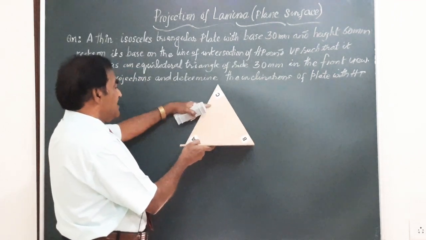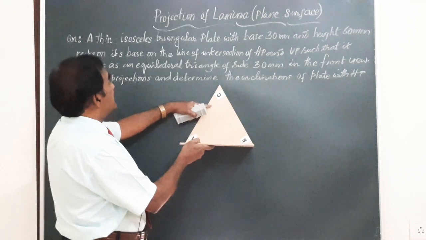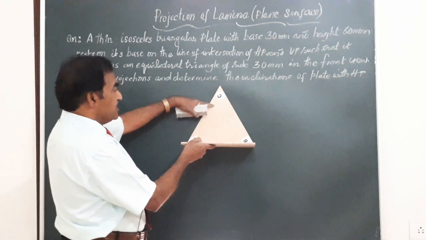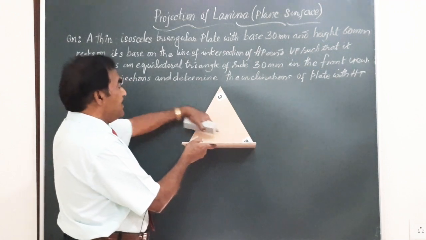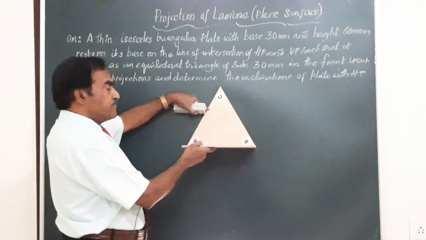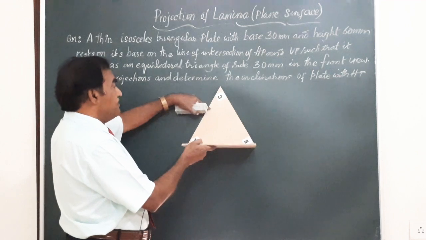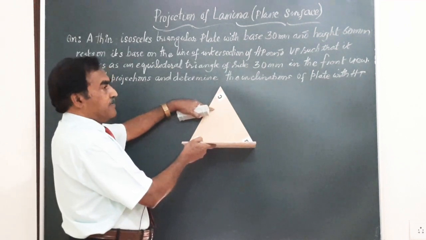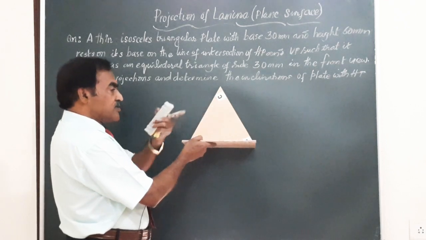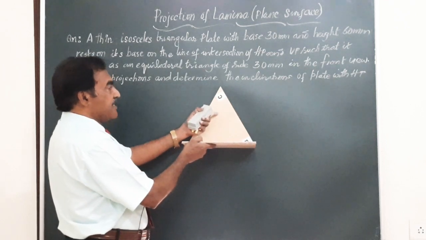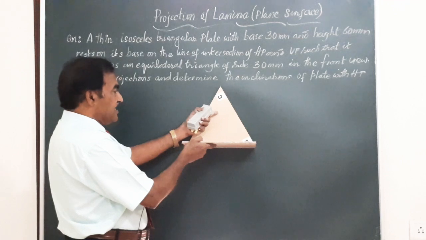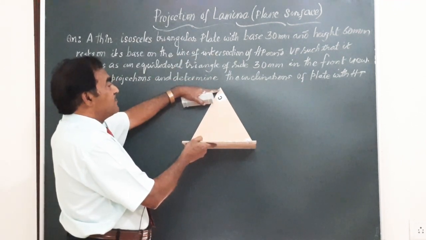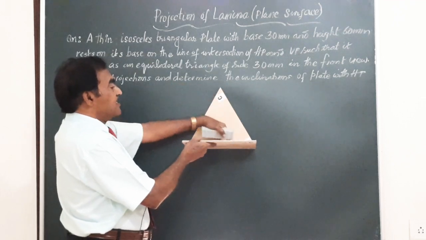So, here friends, in this position the object or the lamina looks as an isosceles triangle in the front view, having AB, which is resting on XY line, equal to 30 mm and the vertical height of that is equal to 60 mm. And as usual, in the front view it looks like a triangle, an isosceles triangle, and in the top view, if you look from the top, the shadow of this lamina falls on the XY line.